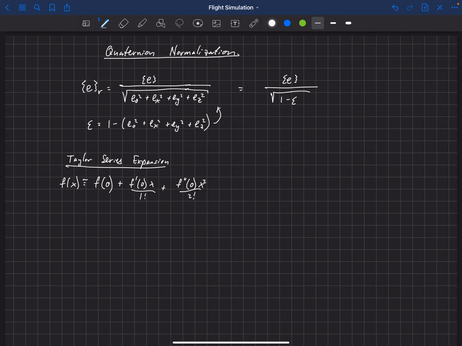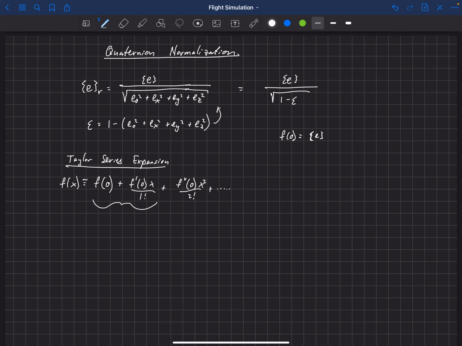We could continue adding higher orders here, but we're just going to take these first terms and approximate this function with this Taylor series expansion. So what we need here is f of 0. We just plug in a 0 for epsilon, which is our independent variable here. Then f of 0 is just e over the square root of 1 minus 0, which gives us just the quaternion.